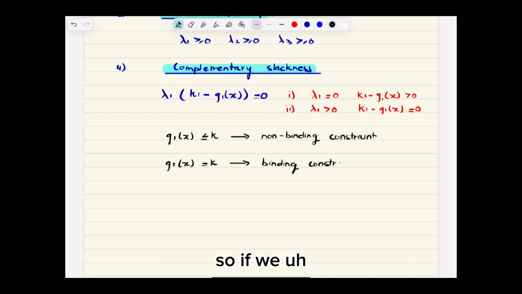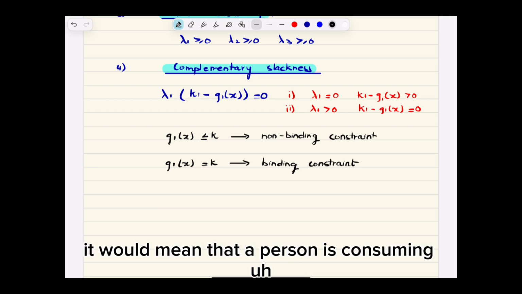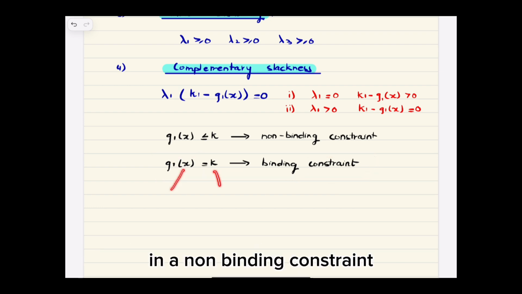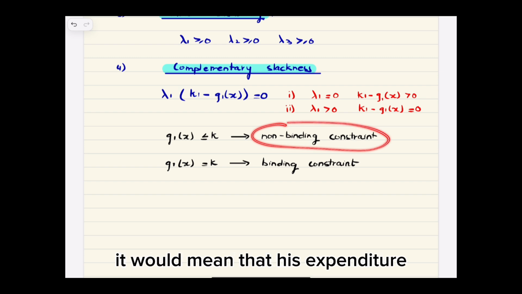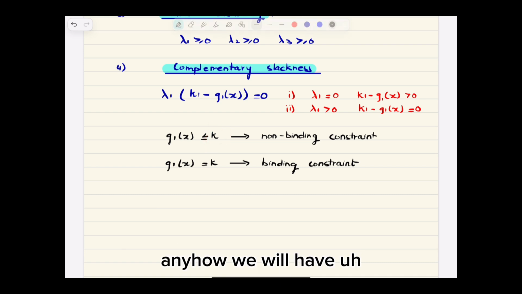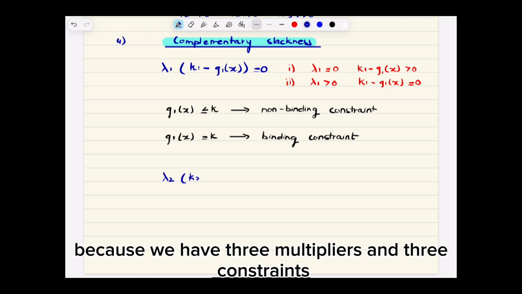If we think about this in terms of the budget constraint, it would mean that a person is consuming all of his income, so his expenditure equals his income. In a non-binding constraint, his expenditure is less than his income, so there is room for saving. Anyhow, in this question we will have 3 complementary slackness conditions, because we have 3 multipliers and 3 constraints.